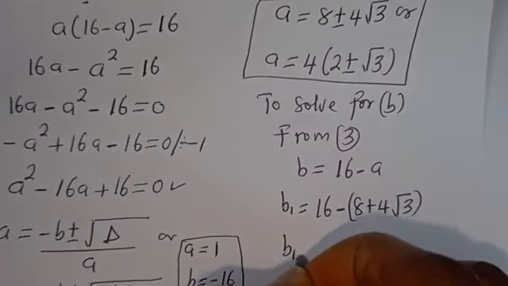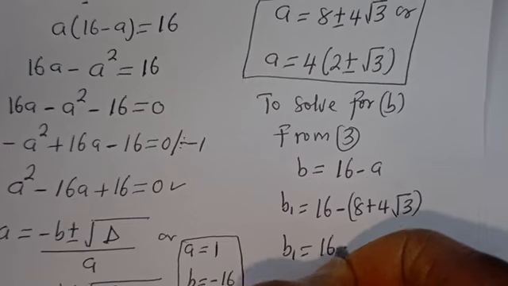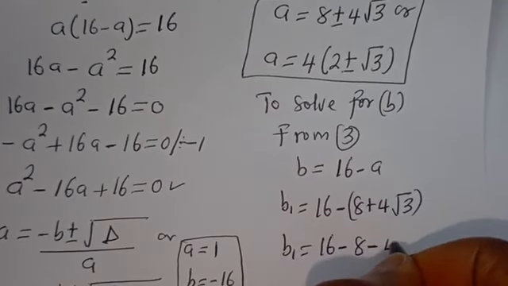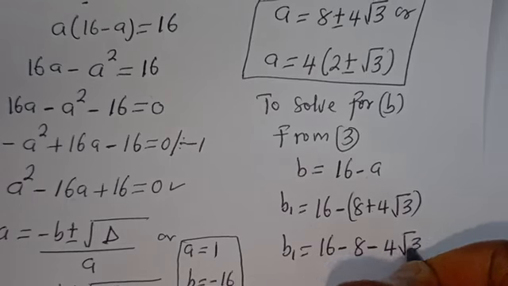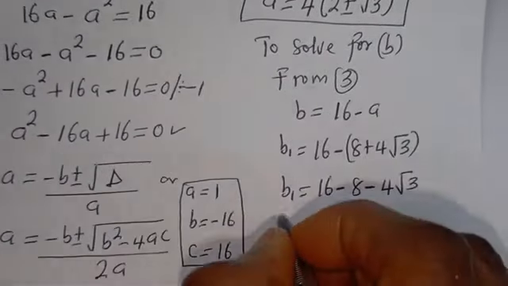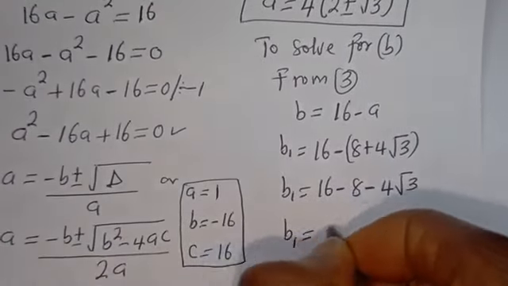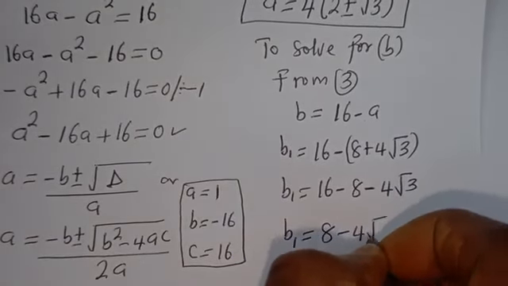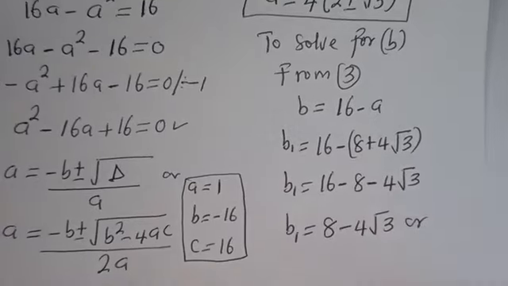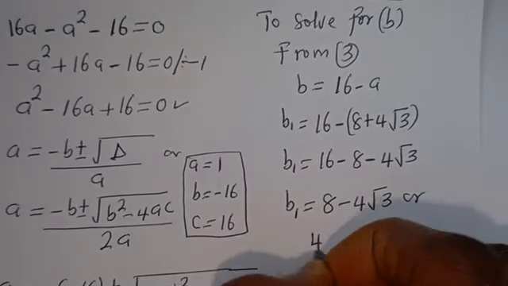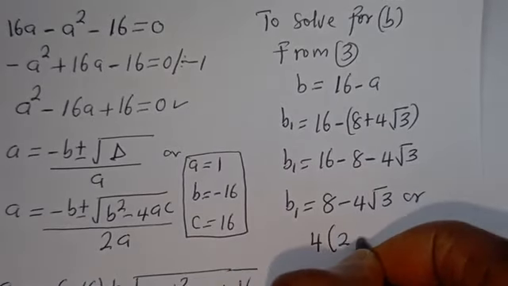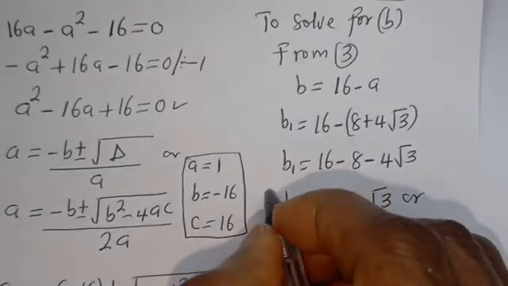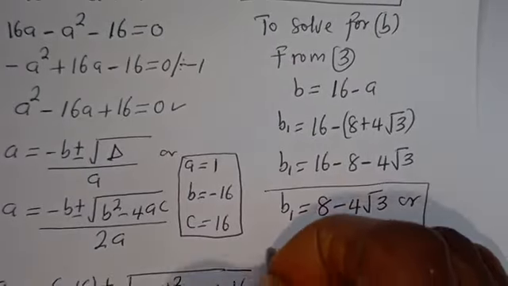Then B1 is equal to 16 minus 8, minus times plus, this is minus 4 root 3. Then B1 is equal to 8 minus 4 root 3, or 4 bracket 2 minus root 3. This is the value of B1.